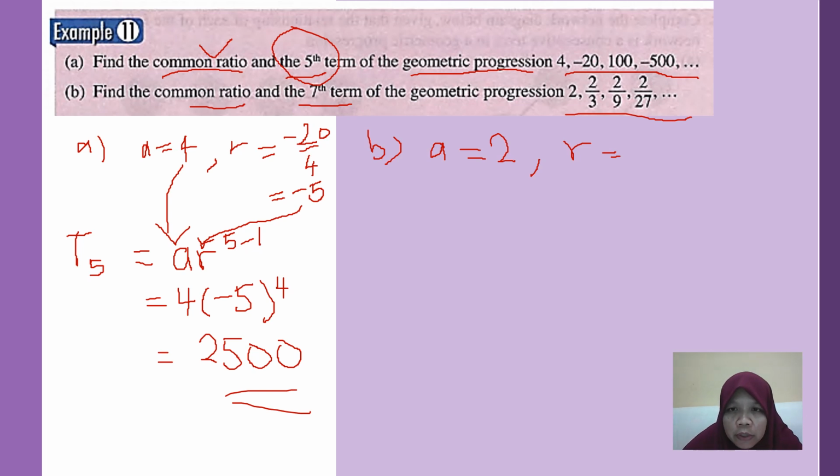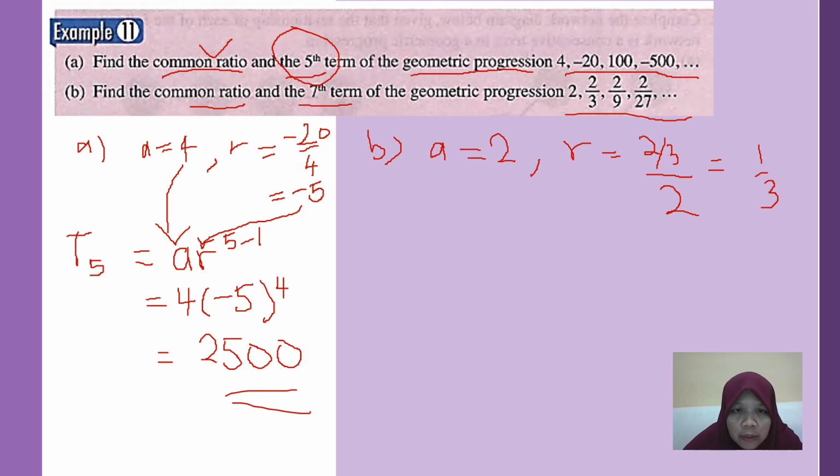The common ratio is T2 divided by 2, where T2 is 2 over 3, or T3 divided by T2 also works. So r is 2 over 3 divided by 2, which is 1 over 3. Just use your calculator.